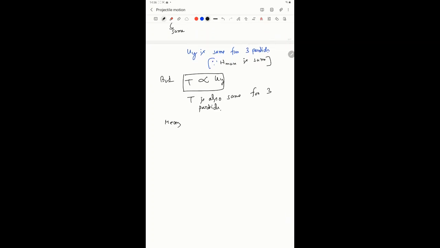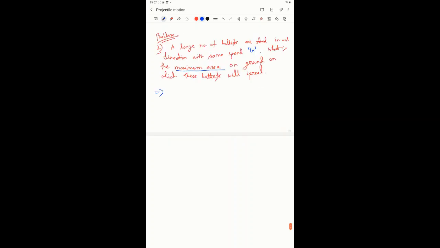If H max is same, then time of flight is also same.